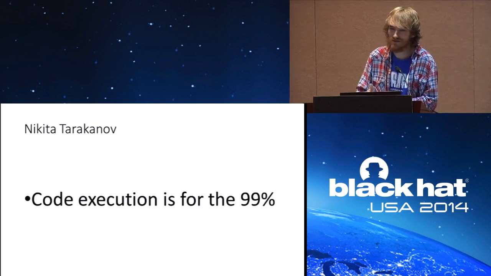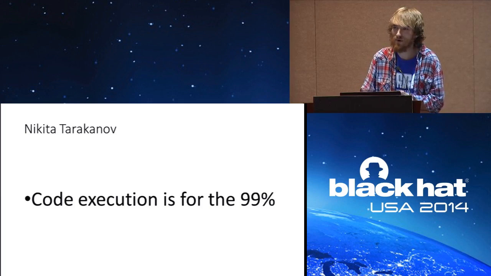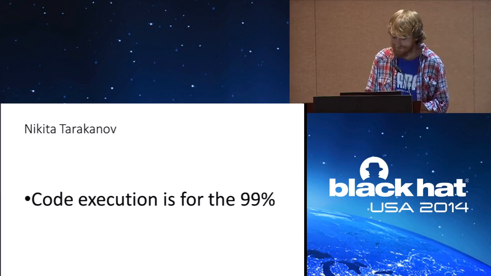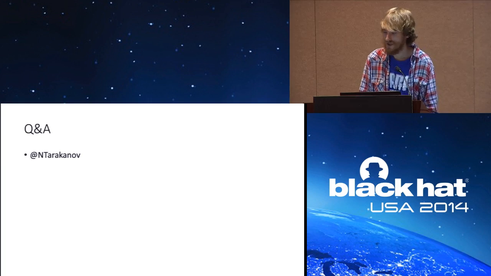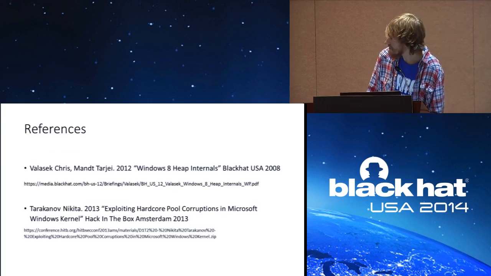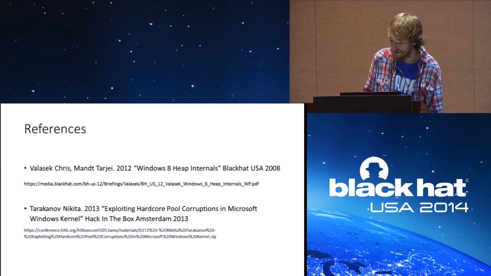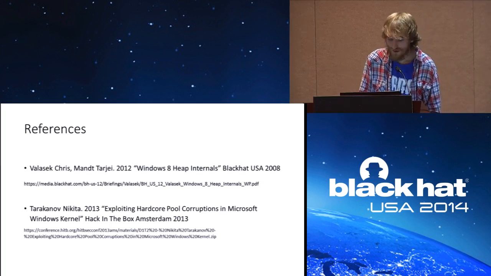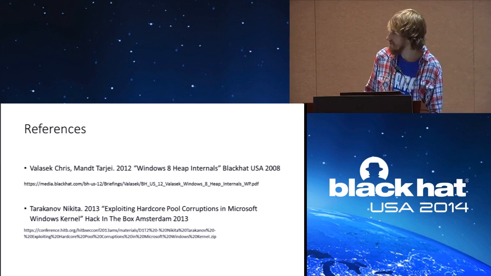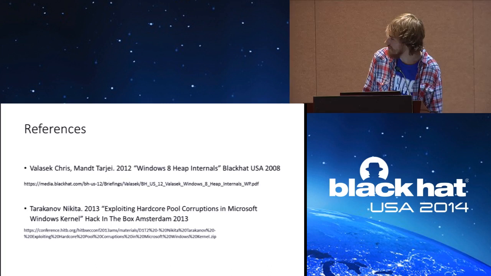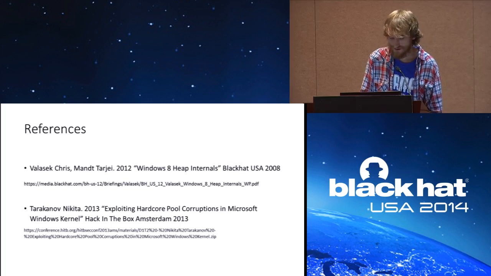You just need to smash objects in a proper way. So that's it. By the way, talking about pool details, check out Tarjei's work, and about previous work on object metadata corruption, check my previous work from Hack in the Box.